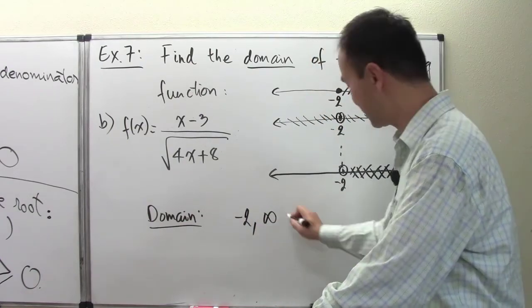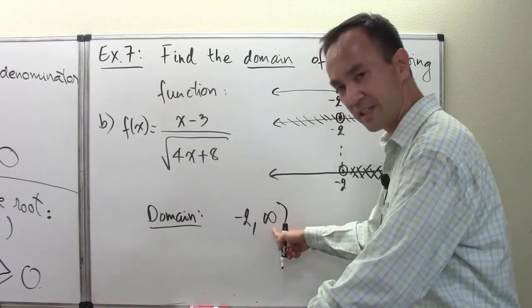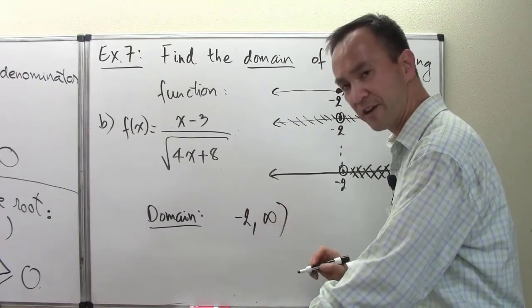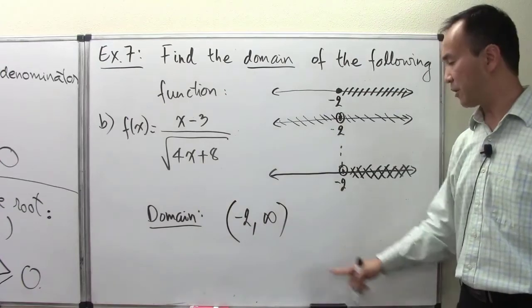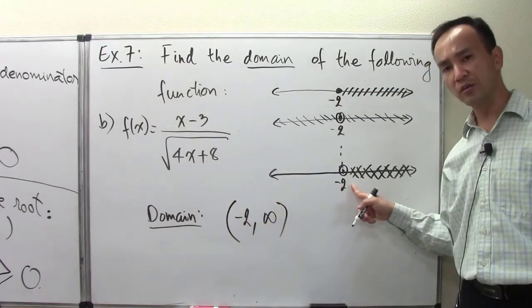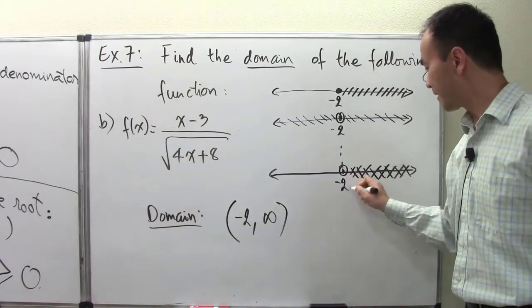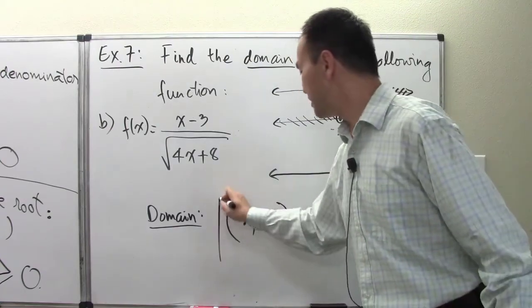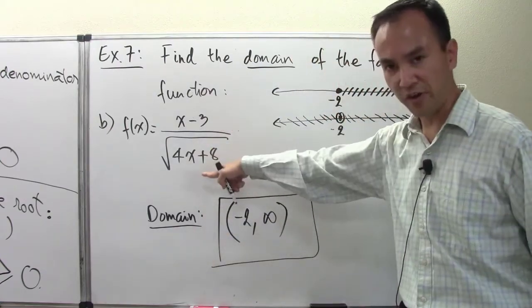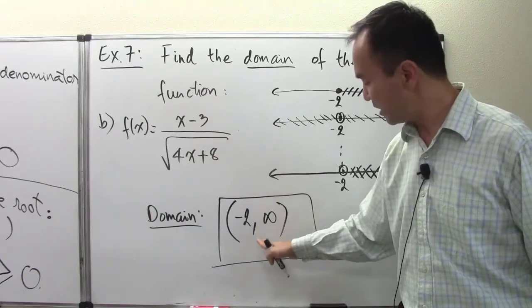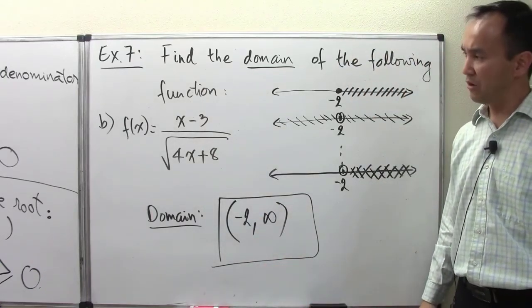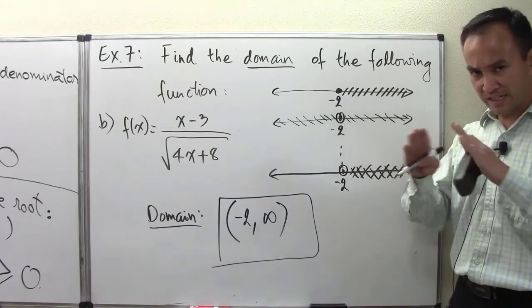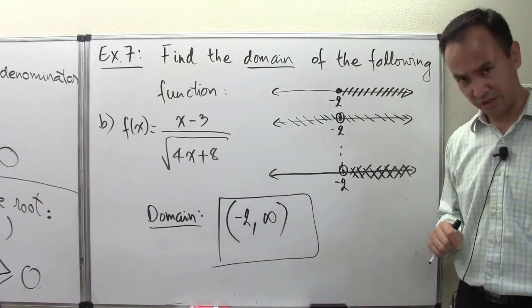And of course it's always parentheses on the infinity side, and it has to be parentheses on -2 because we're not including -2 here. And so that's the answer for the domain of this function in interval notation. That's how we tackled it and how we blended the two requirements together.